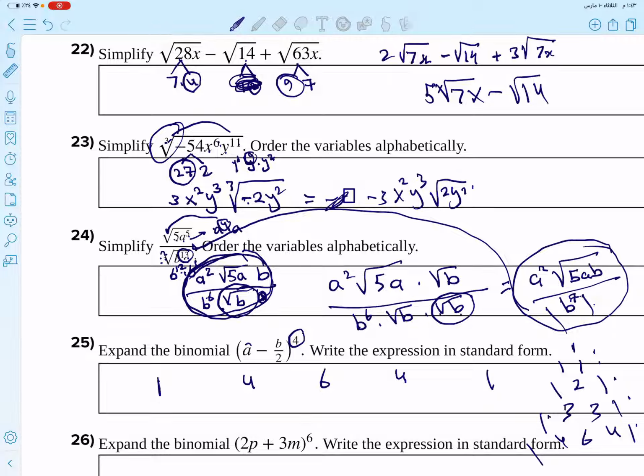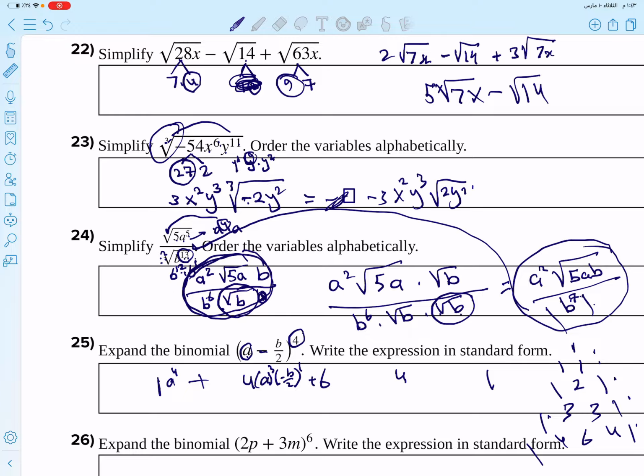And start with the first term, that's a. So a to power 4 plus the second one to power 0. I can write it, but I don't need to write that. 4a to power 3, because the first term's power is decreasing, and negative, don't forget negative, negative b over 2 to power 1.